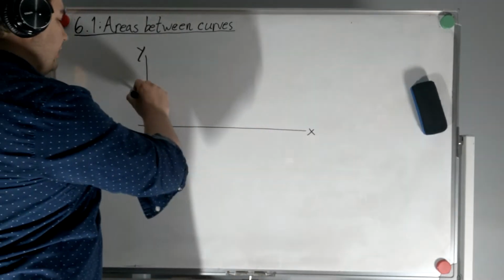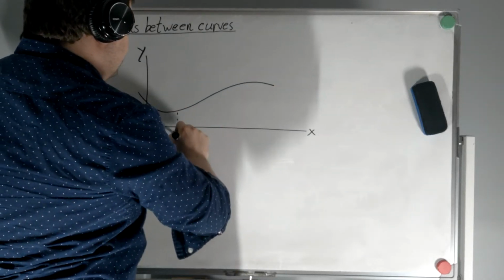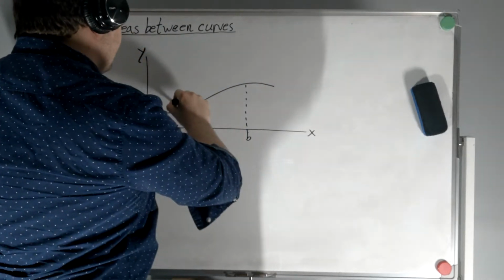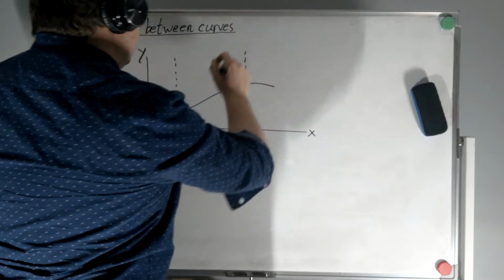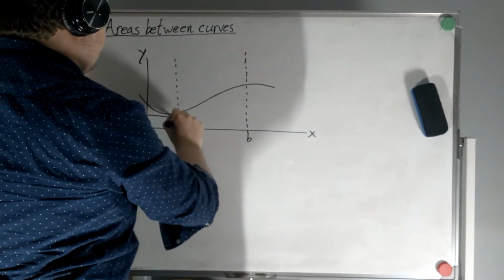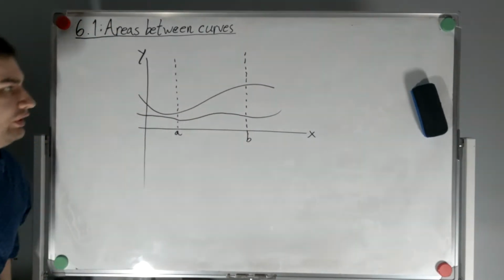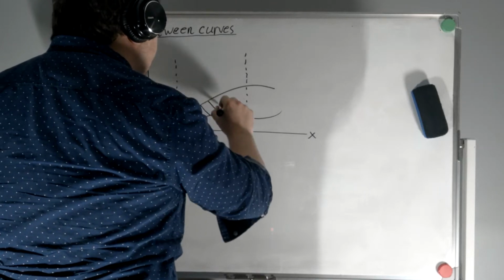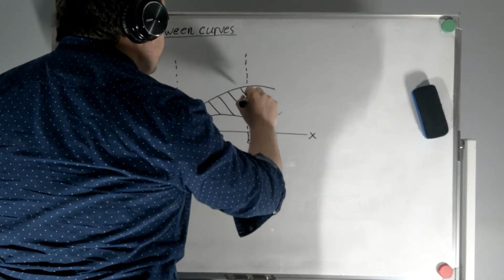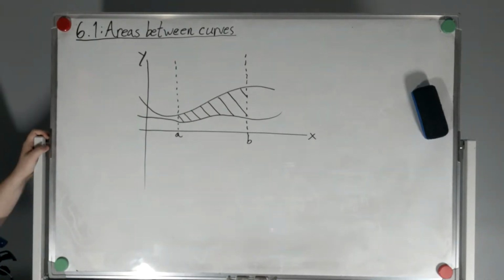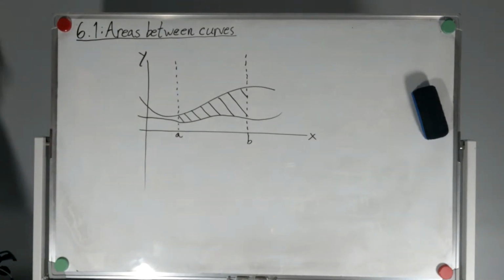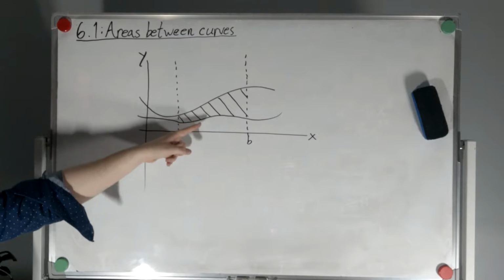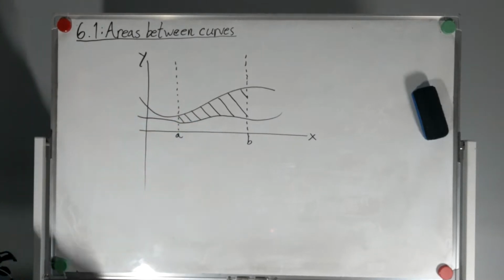Imagine you've just got a couple of curves defined over some interval from a to b, like this, and you want to find the area of this region right here. Well, there's an easy way to do that. All we have to do is take the area between this upper curve and the x-axis, and the area between this lower curve and the x-axis, and subtract the two.